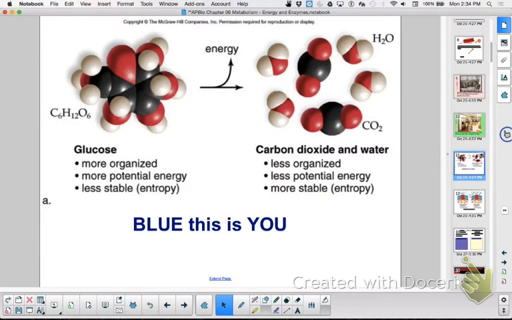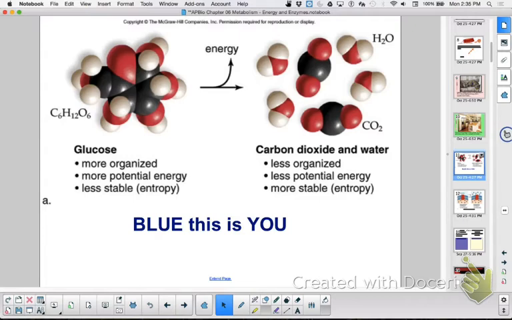So we talked about the difference between glucose and carbon dioxide and water. Glucose is a reactant for cellular respiration, and a product would be carbon dioxide and water.